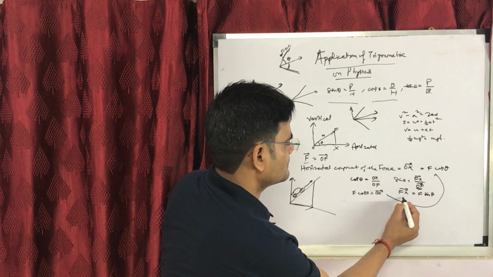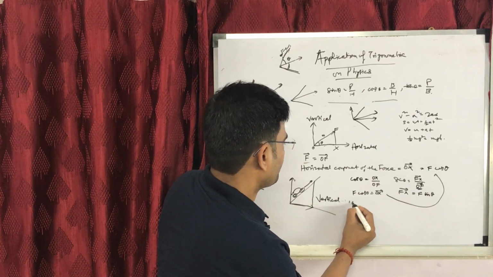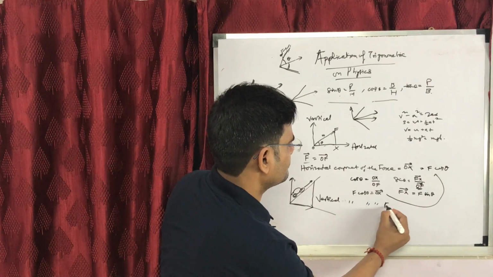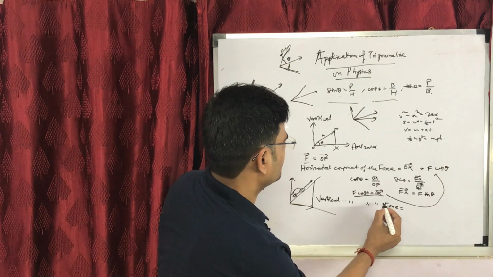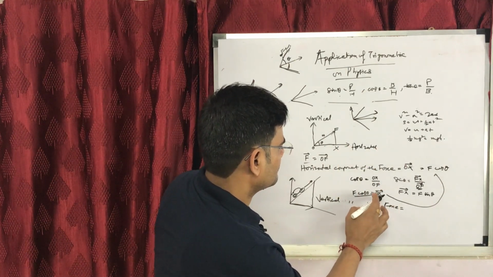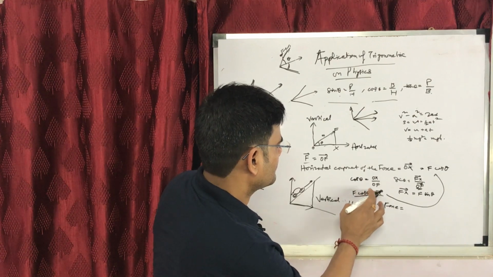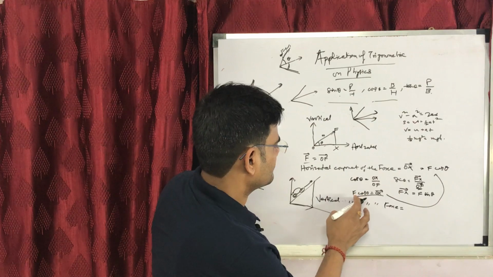And this is the vertical component of the force, equal to OF, right? OX is F cos theta.